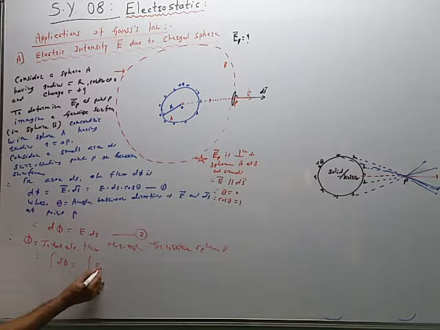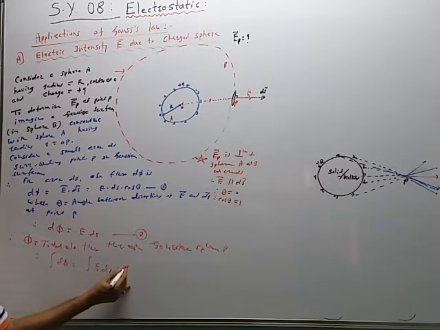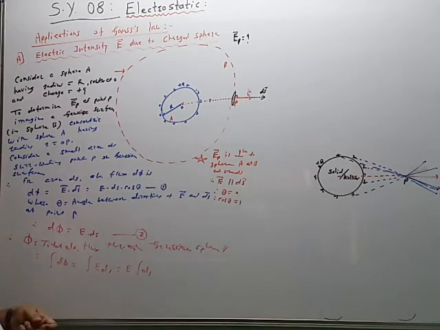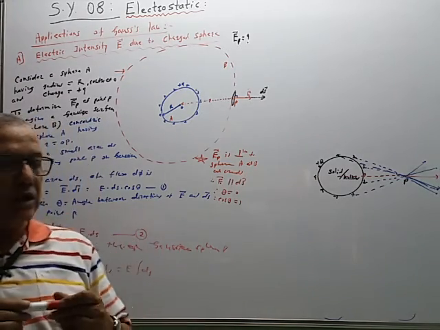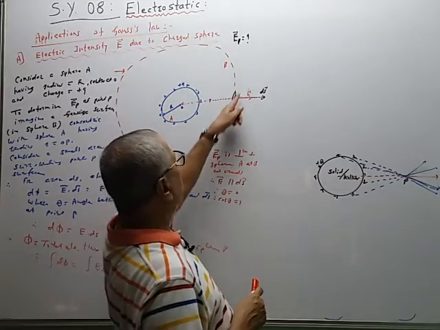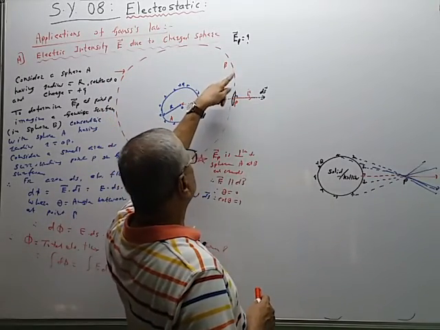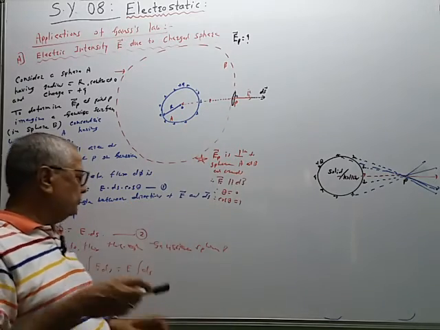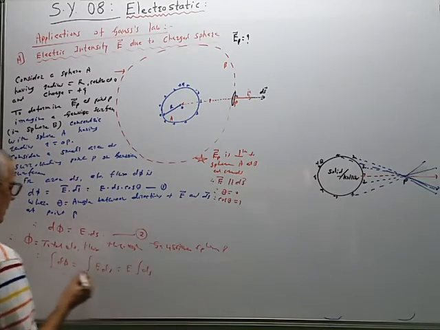So this is equal to integration of E into ds. So E is constant into integration of ds. Why is E constant? Because whatever may be the position of the point P on this sphere, it is equidistant from the center.